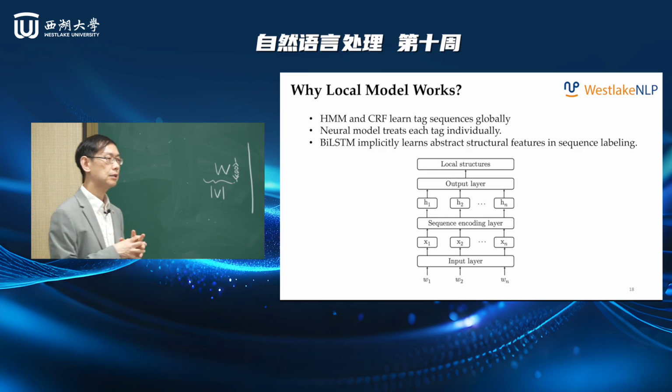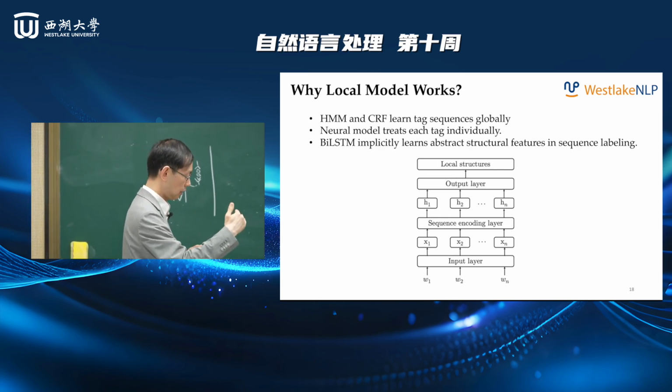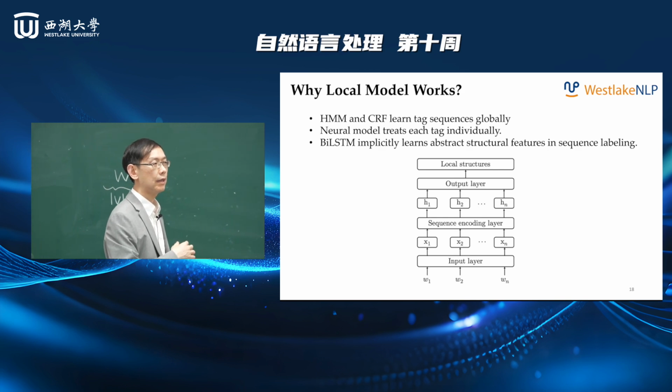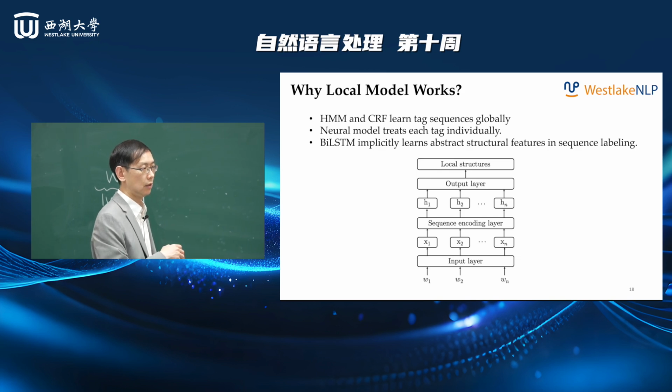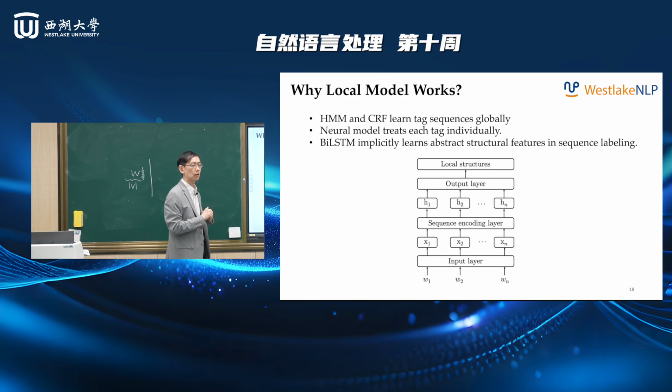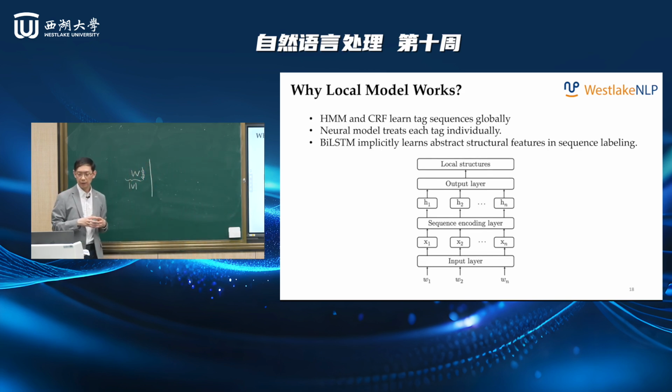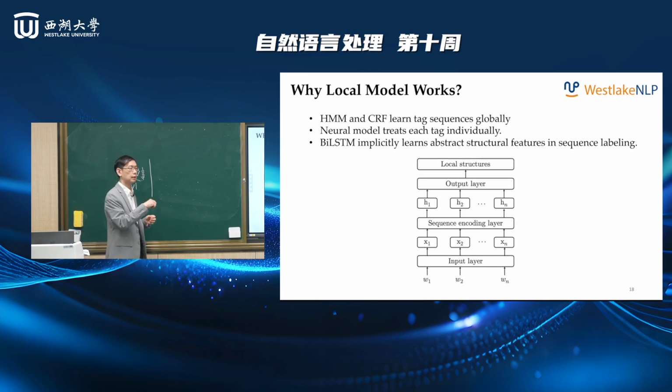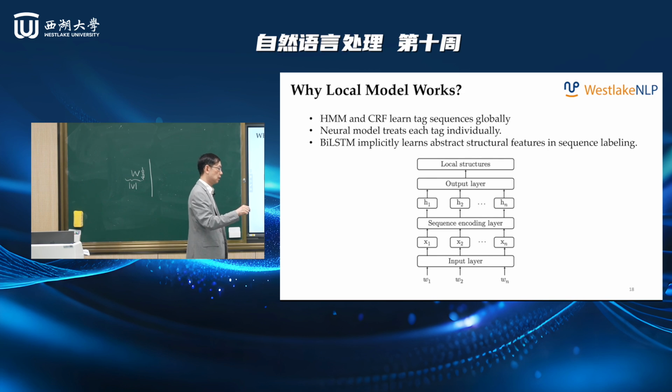But the question I want to ask is, this is a simple feed-forward structure, without considering the output sequence as a whole. But several weeks ago, when we learned structured prediction for sequence labeling, we learned HMM and CRF, both of which predict the label sequence as a whole. Now, without explicitly modeling tag-tag dependencies, such as adjectives are followed by nouns, verbs are followed by adverbs, can this model work well?